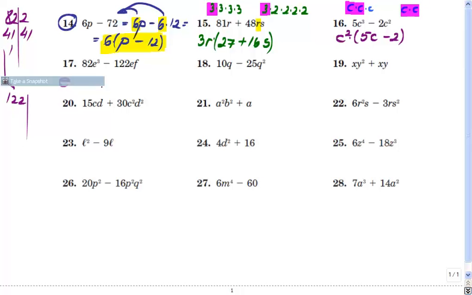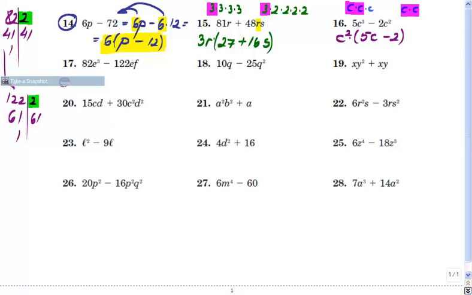122. If you break that in prime factors, you will have what? 2 times, 2 goes in 12 6 times, 2 goes in 2 1 time, and 61 I believe is also a prime factor. Yeah, it's not divisible by anything else, and that's it. So obviously a common factor now from the 82 and 122 is going to be 2, right? And I will have the e from each one of the monomials.